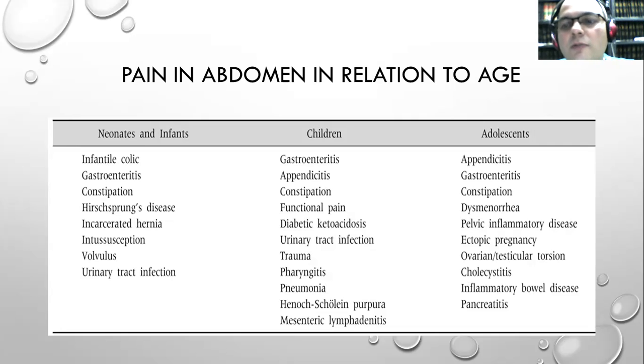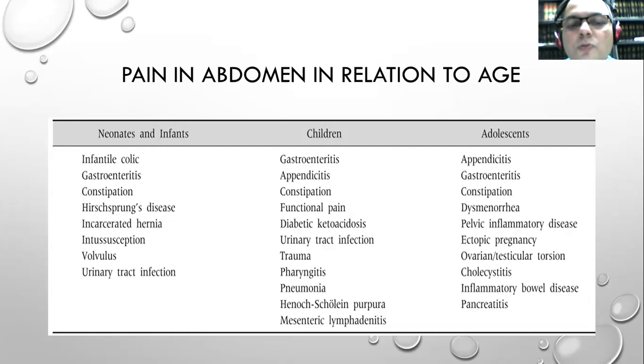In girls, we will have dysmenorrhea, pelvic inflammatory diseases, ectopic pregnancy, ovarian or testicular torsion, which is again common in infants, then cholecystitis, IBD, that is the inflammatory bowel disease, and pancreatitis, very rare. So these are the causes of pain in abdomen which are seen in adolescents.